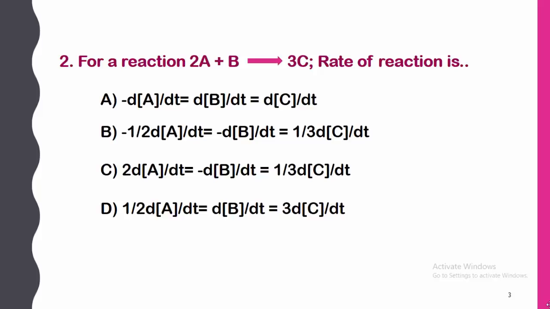Here it is very simple. Whenever we write the rate of a reaction, we already defined it as decrease in the concentration of the reactants and increase in the concentration of the product.